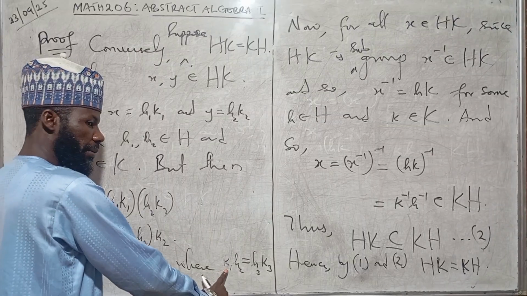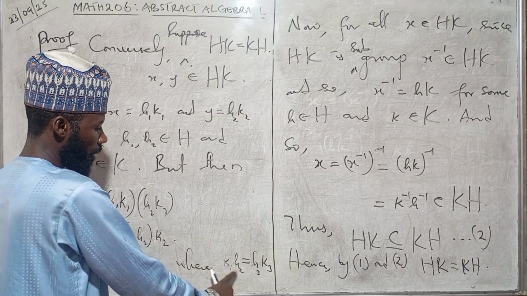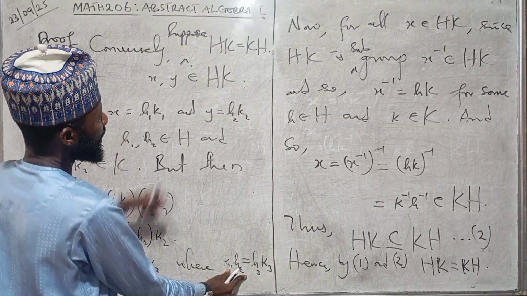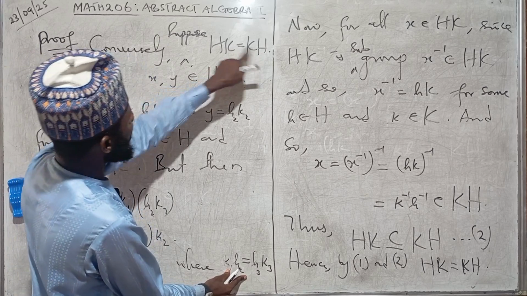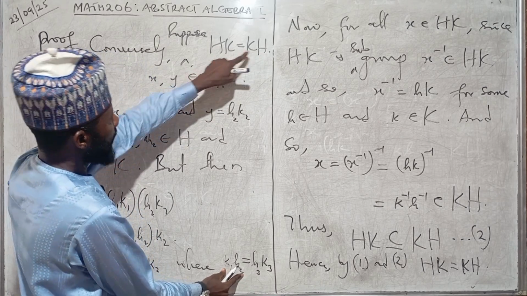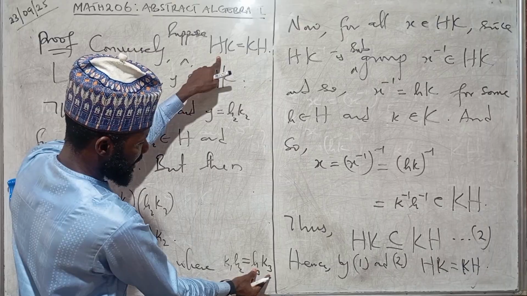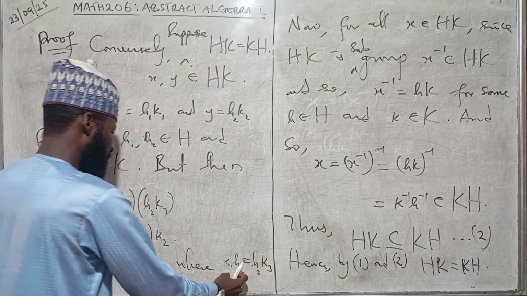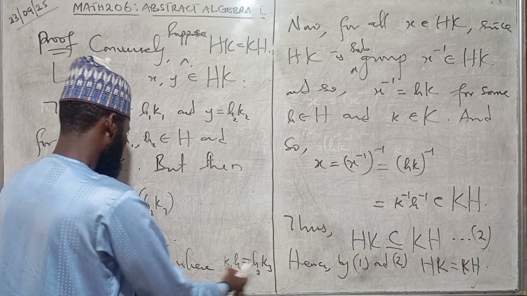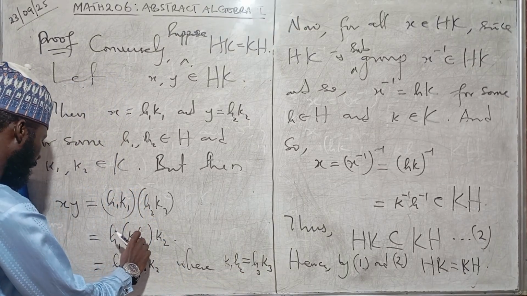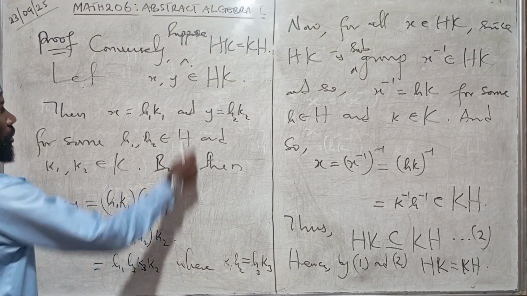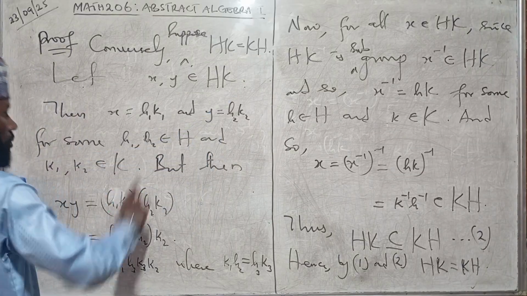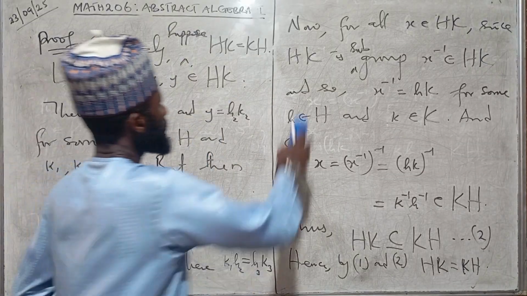Because this element h1, k1, h2 is an element in KH, but KH is equal to HK. So every element here can also be written as some element in H and some element in K. So this is what I did. I write this as that because of our assumption over here. So this is why we use the assumption.